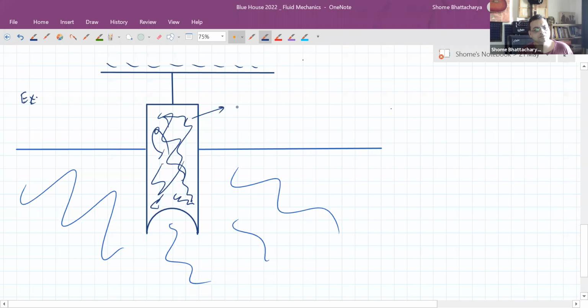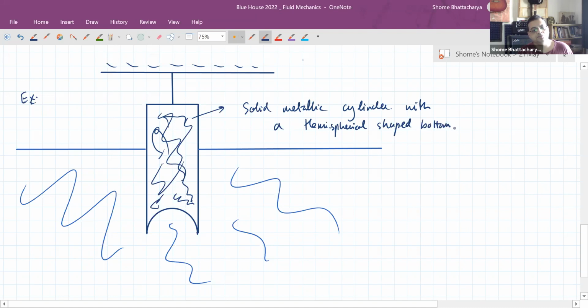So this is a solid metallic cylinder with a hemispherical shaped bottom surface. Basically, it's like you've taken a solid cylinder and then from that you've carved out a hemispherical surface.